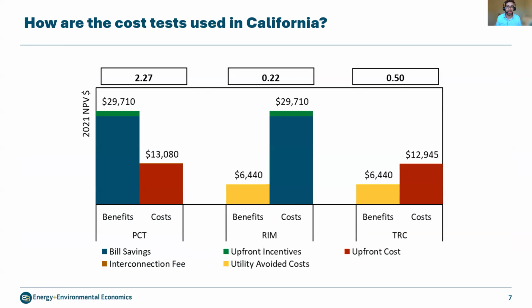And so even though from a customer perspective, this makes a lot of sense and will yield net benefits, from a state perspective, this might not be the most cost-effective measure to implement. So we really need to start thinking in this kind of mindset about what is happening at the participant level, but also at the state level.